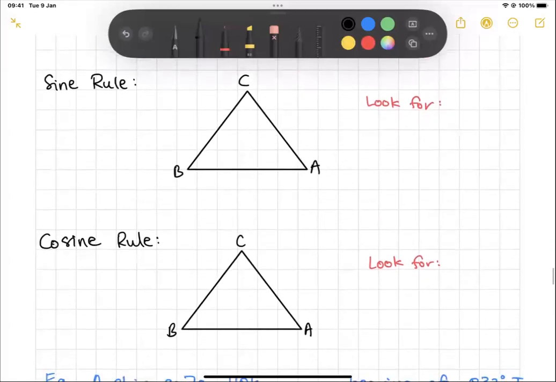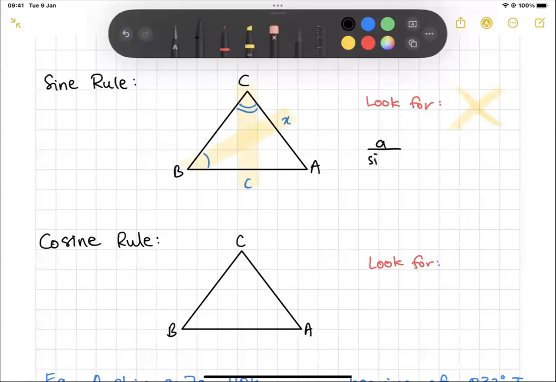For sine rule, we need to have the following. Let's say you have in your question, you're trying to find what length B is. You know what angle B is, you know what angle C is, and you know what length C is. What I need to look for is a cross to use sine. Let's write our formula then.